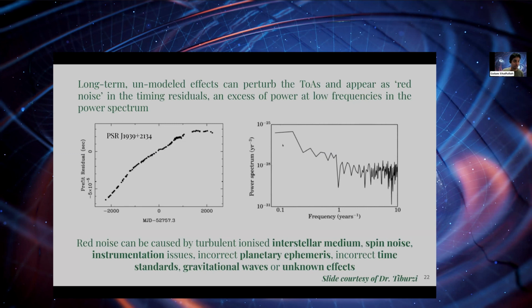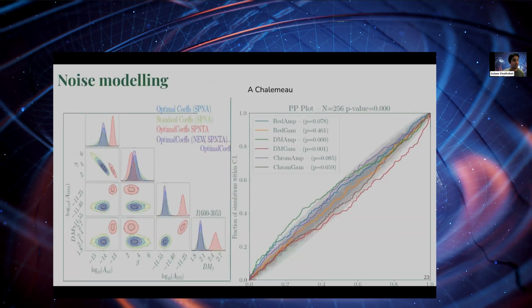And if you want to use a pulsar like this in your PTA, you want to be able to model this red noise property very, very accurately. It's better if the red noise properties correspond only to the GWB, but more often than not, that's not the case. It is a competing noise source.